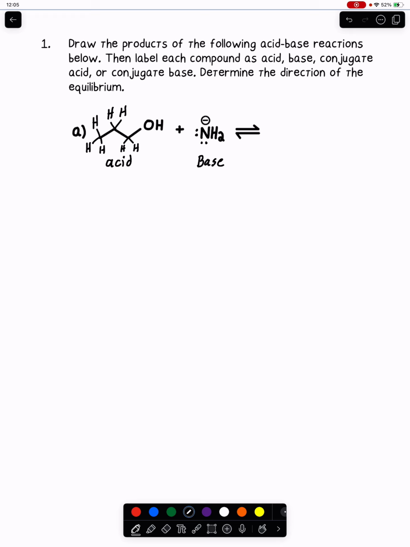So let's draw the conjugate base when the proton's removed from oxygen. That's going to put negative charge on oxygen. Let's look at the conjugate base of all the other species. One is going to put negative charge there. Another is going to put negative charge there. And the last one would put negative charge there.